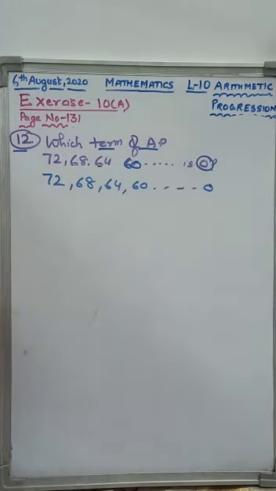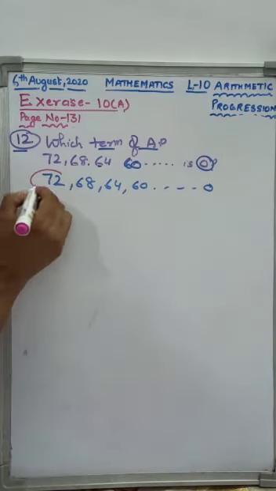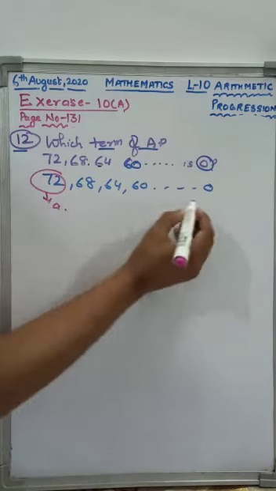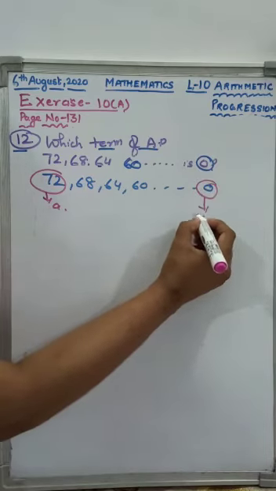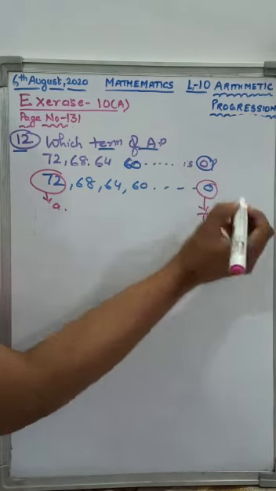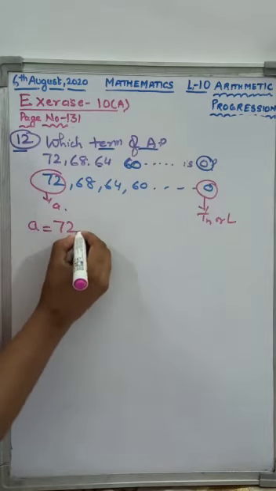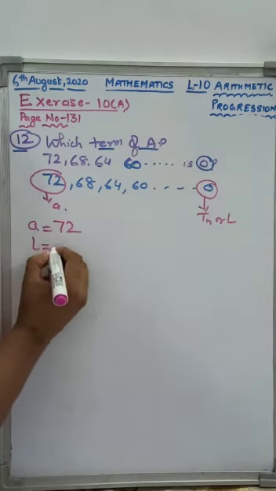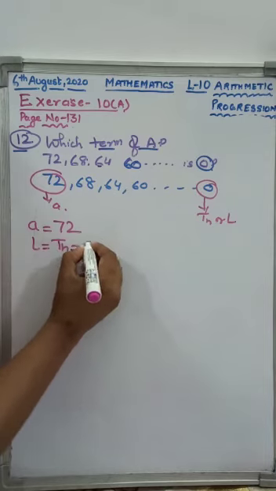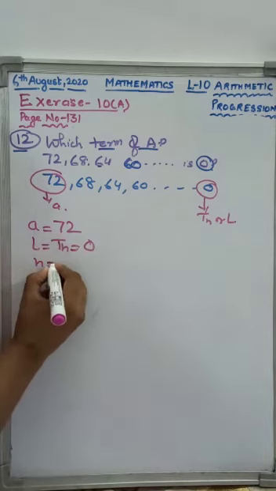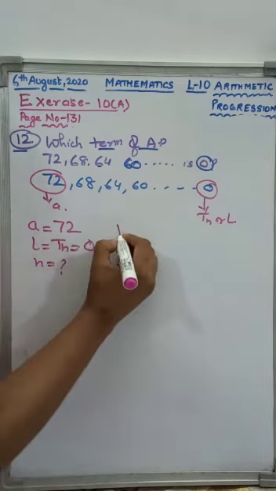So let's see what is given over here. This is your A, first term. This is your Tn term, or I have told you, last term. Clear? So A is given to you, first term 72. Last term or Tn term is given, 0. We have to find the n, and now we will find it out.